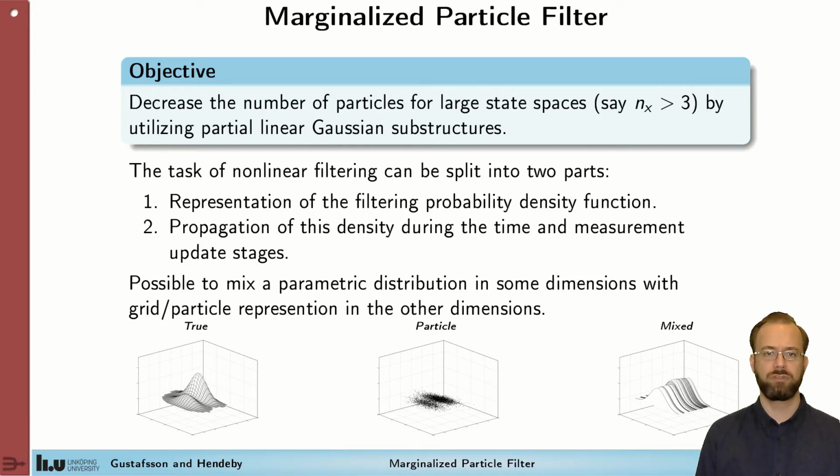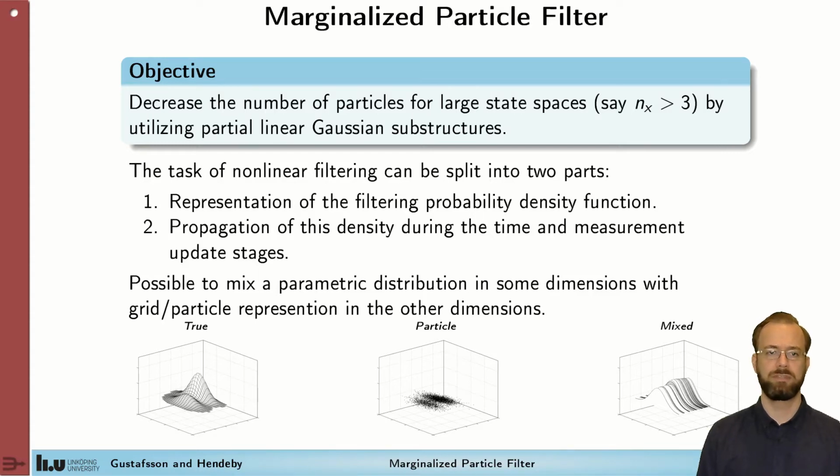To give some intuition why this is useful, consider the filtering problem that we have that's nonlinear. There's two parts of it. The one is to represent the filtering distribution in a good way. For the linear Gaussian case, we just use a mean and a covariance, whereas in the particle filter, we need a lot of particles to represent it as a whole.